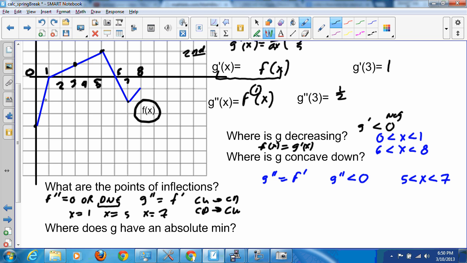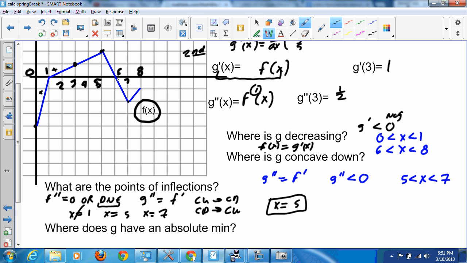So let's see. This derivative is positive here and here, and then it changes directions, but it still remains positive on both sides. So x equals 1 is not a candidate. At x equals 5, we shift from positive tangents to the left and then negative tangents to the right. So x equals 5 is a point of inflection.